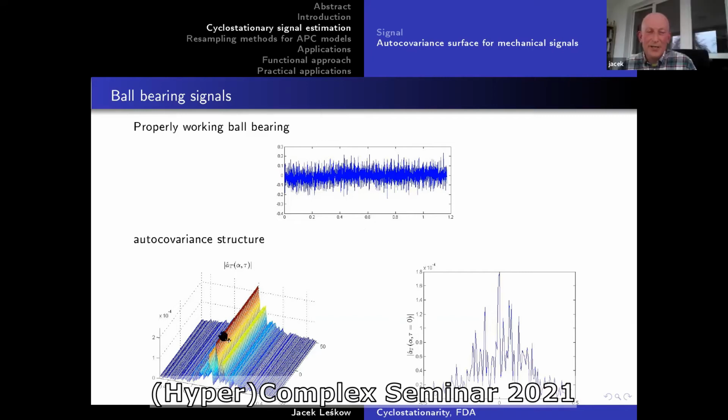Right. So the red color corresponds to the higher values, and the blue color corresponds to lower values. What is plotted here is the absolute value of the estimator, because the estimator is complex valued. To have the plot done in an easier way, we take the absolute value, and then we have a cut of this at the point tau equal to 0.